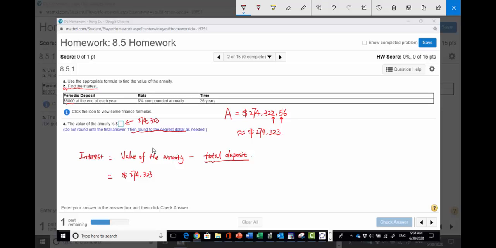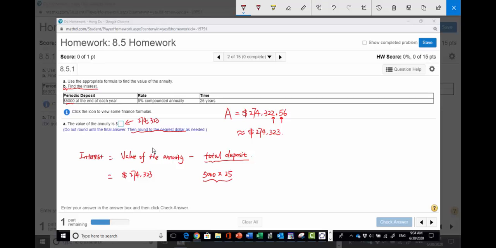To calculate that, we take the 5,000, that's the deposit per year. But remember, the deposit is made for 25 years, every year. So you have to multiply by 25.